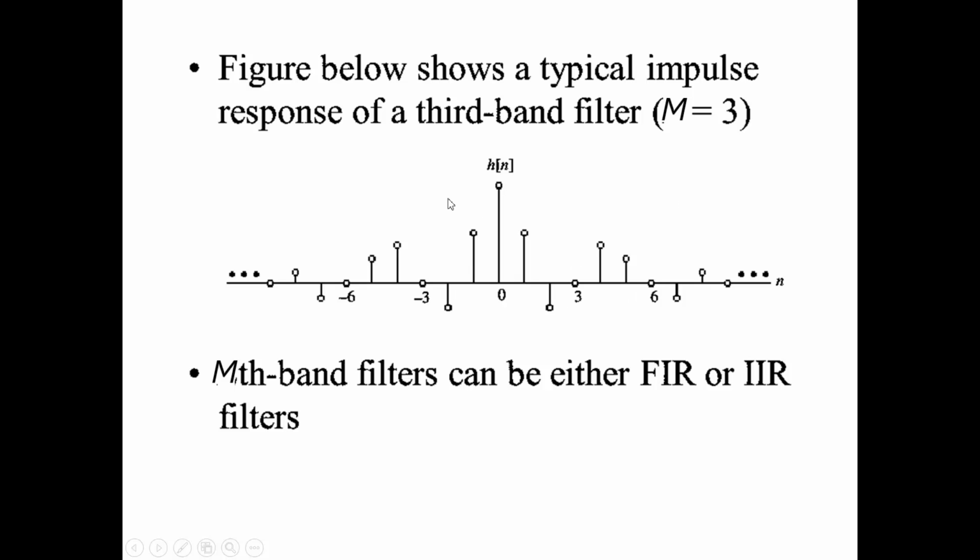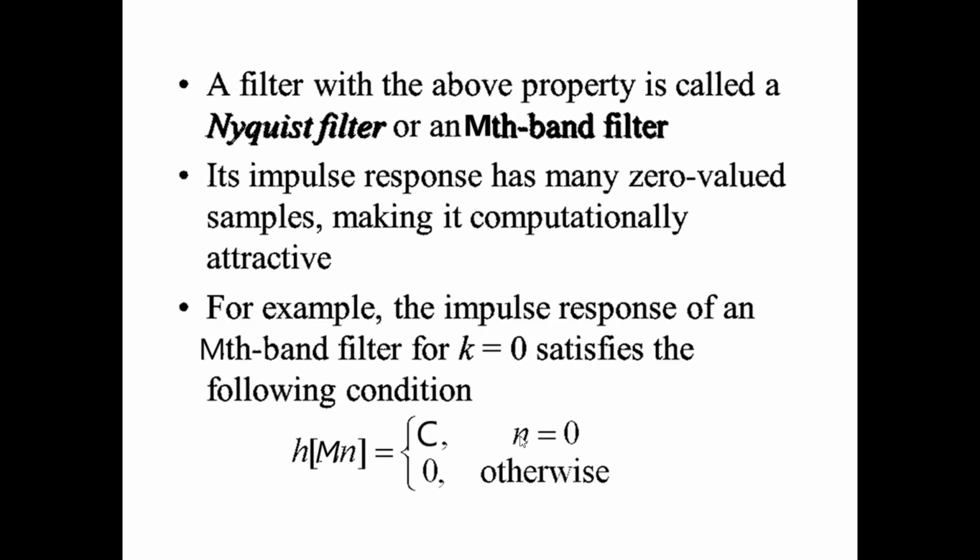That means there will be lots of zeros in the impulse response of the M band filters, which are basically known as the Nyquist filters. Now, the M band filters can be implemented either through an FIR structure, or through an IIR approach. Now, a filter with the above property is called a Nyquist filter or an Mth band filter.